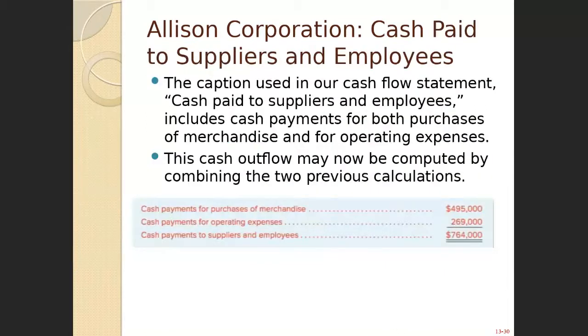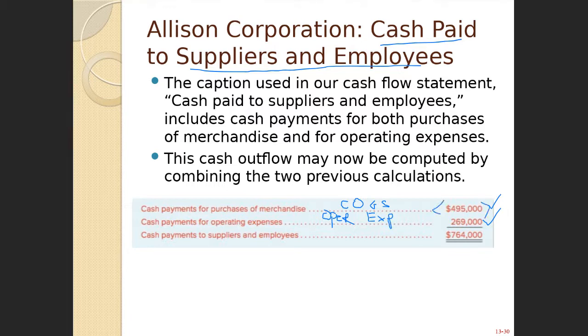So when we put together our little schedule for Allison Corporation, cash paid to suppliers and employees, all we're doing is adding these two figures that we just unaccrued. The cash payments for merchandise, the source of that was unaccruing cost of goods sold, and then cash payments for operating expenses. Both are considered uses of cash.